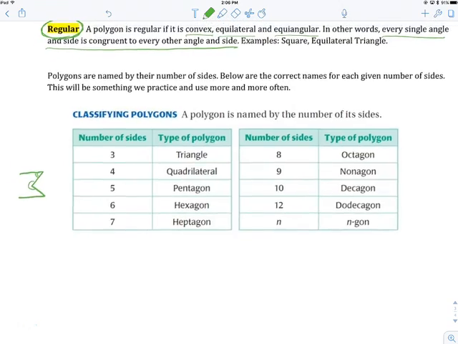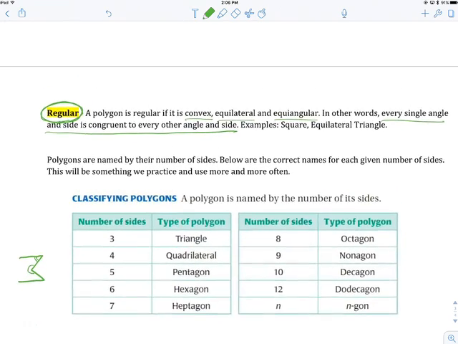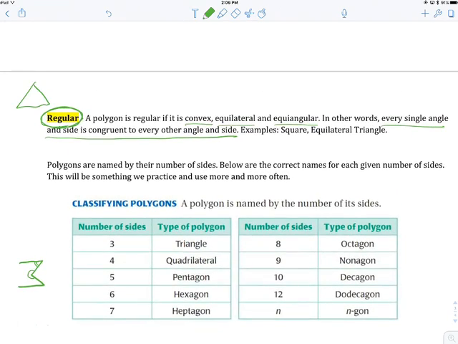So an example of regular would be something like an equilateral triangle. In fact, that is the only regular three-sided figure. A regular four-sided figure would be a square, where all four angles are 90 degrees, all four sides are congruent. A regular pentagon is going to be, oh, look at my art skills.